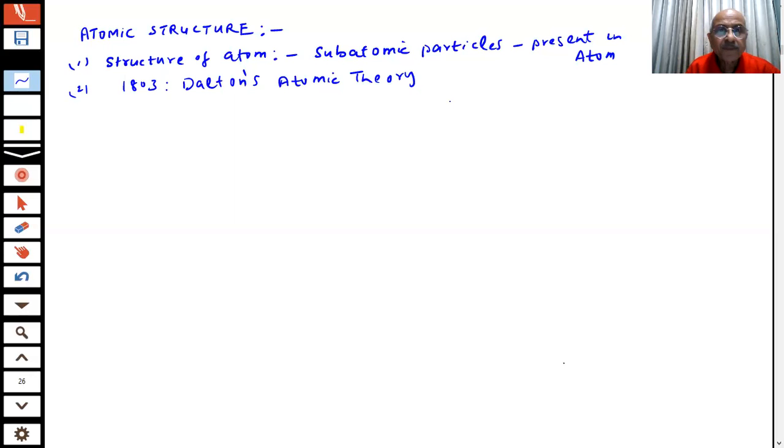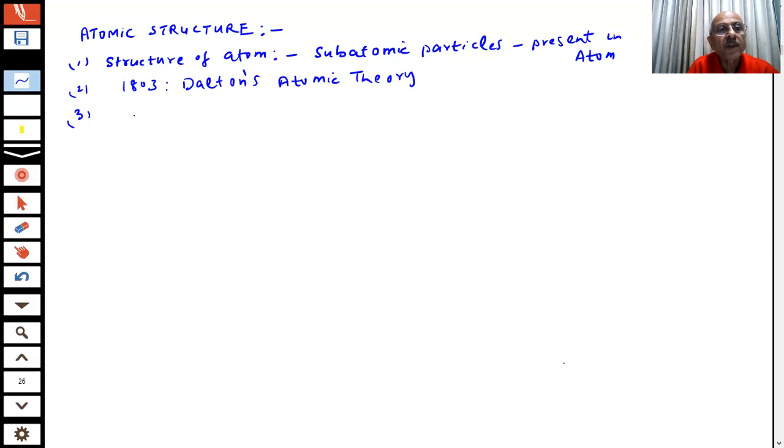The story is only about 200 years old, and then everything started happening. Dalton said the smallest particle is the atom. After that, experiments were done for the discovery of the particles present inside the atom.